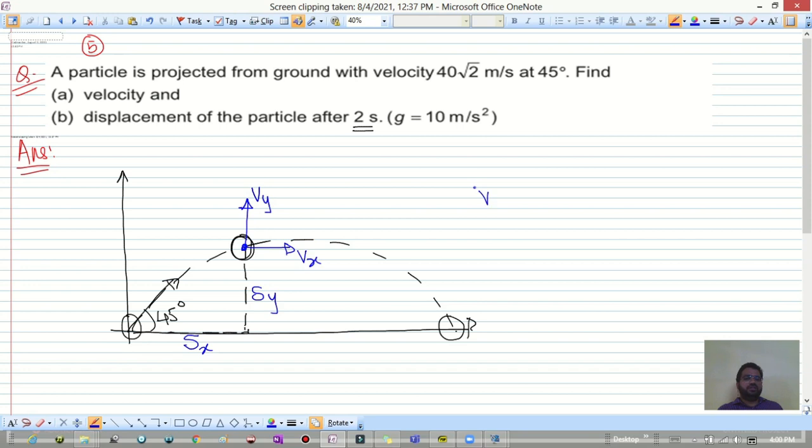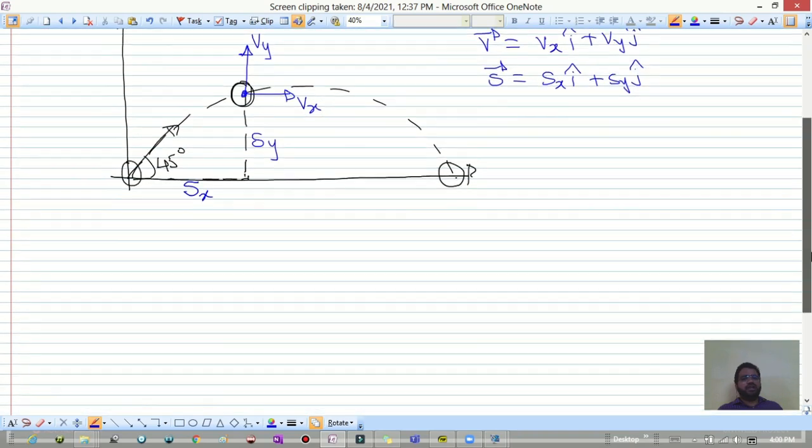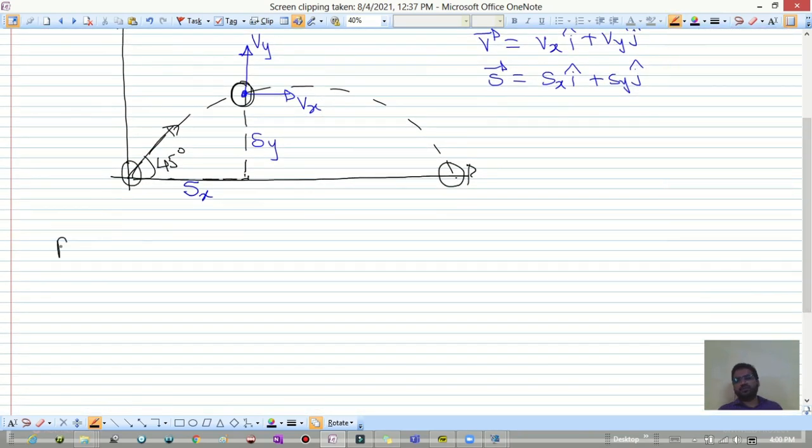So v bar after 2 seconds we can write as vx in I hat plus vy in j hat, and the displacement vector is sx in I hat plus sy in j hat. Okay, now we know that velocity will never change along the horizontal direction. So for the velocity vector, v bar is always equal to u cos 45.